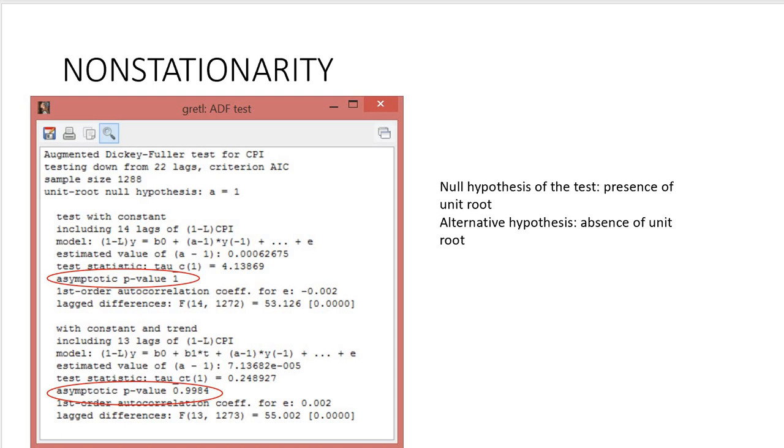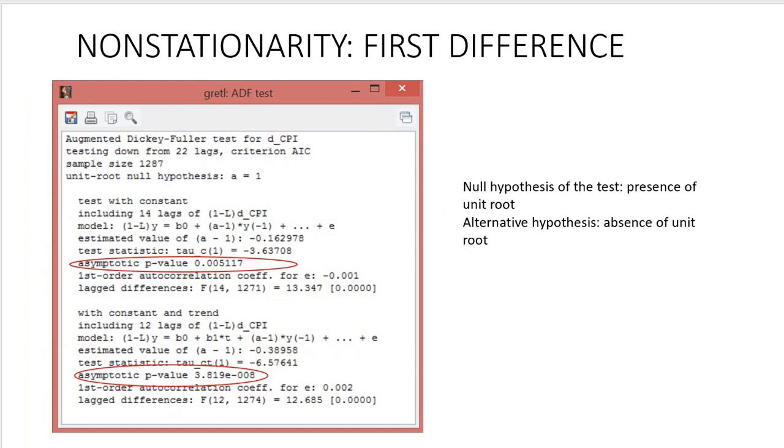However, there is some good news for you, and it is that it's relatively easy to handle unit root by transforming the variable to the first difference of the variable. So here, instead of CPI, I will analyze delta CPI, the change of CPI between two periods, as you can see here.